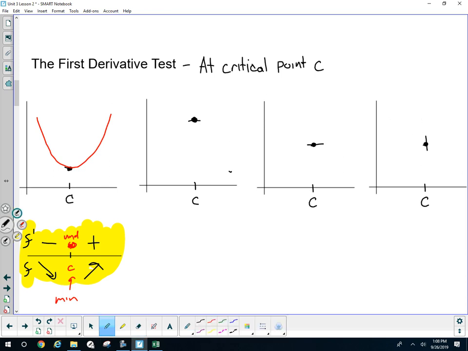If I'm able to produce a sign analysis of the derivative of this function, and I know that f prime values are positive through a 0 then negative, then I know f has to be going up and down. I will know that my function has to look like this, and this is a max.